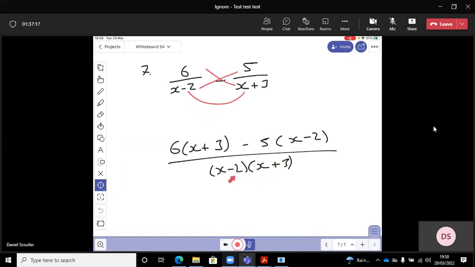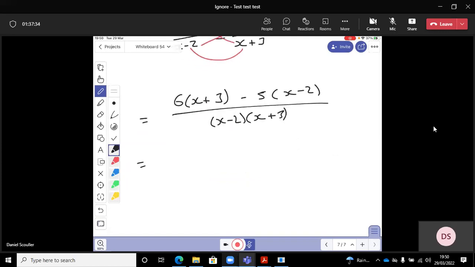So we're multiplying x minus 2 by x plus 3, so we have to put it in brackets like that. There's some interesting ways of writing that. So just breaking that out. Minus 5x plus 10.